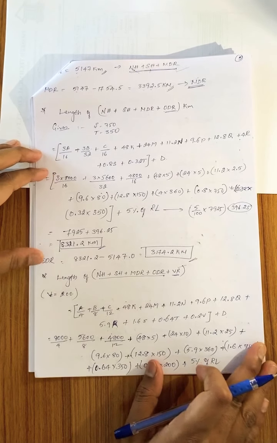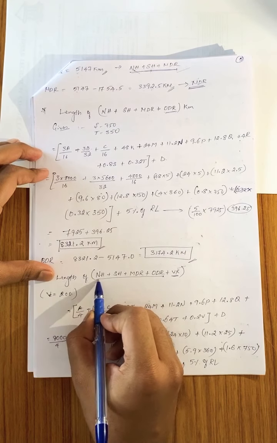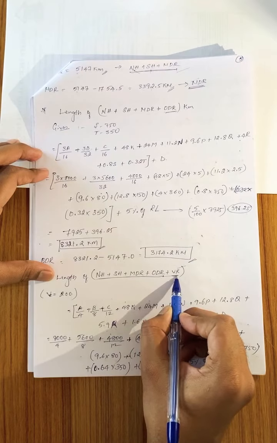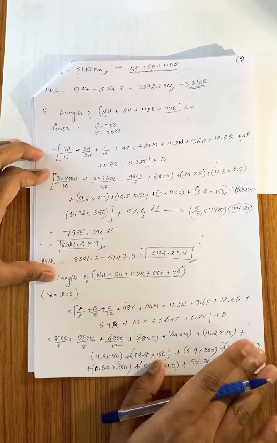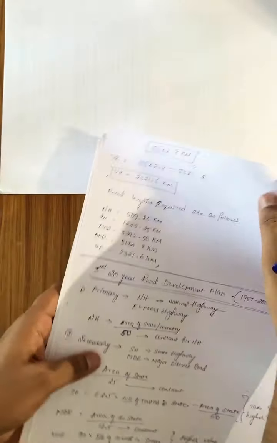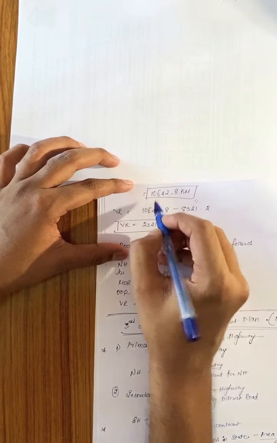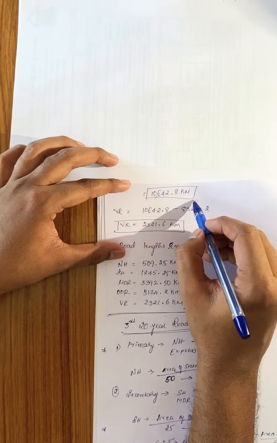So ultimately we will get the total length of national highway, state highway, major district roads, other district roads plus village roads. Here we got the answer, 10,642.8 kilometers.